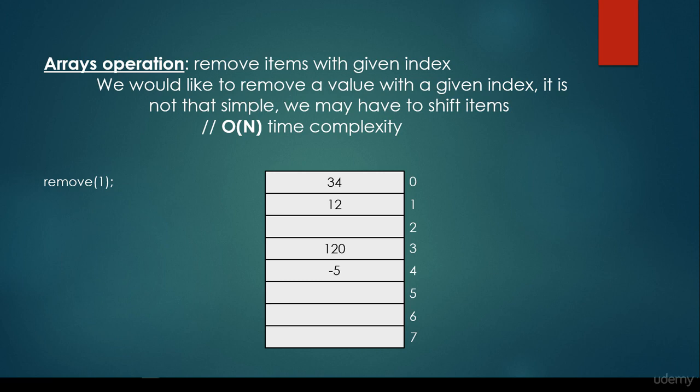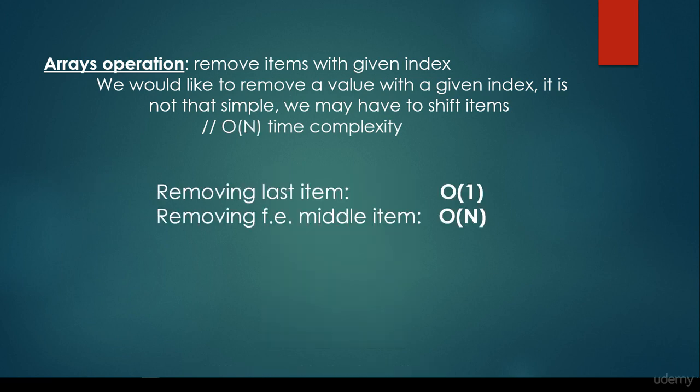So we have to shift it like this. Okay, and basically the overall complexity will be linear at the end. Okay, so removing the last item takes order 1 constant time complexity, but removing, for example, the middle item takes linear time complexity, because again, we have to shift lots of items in order to reconstruct the array.